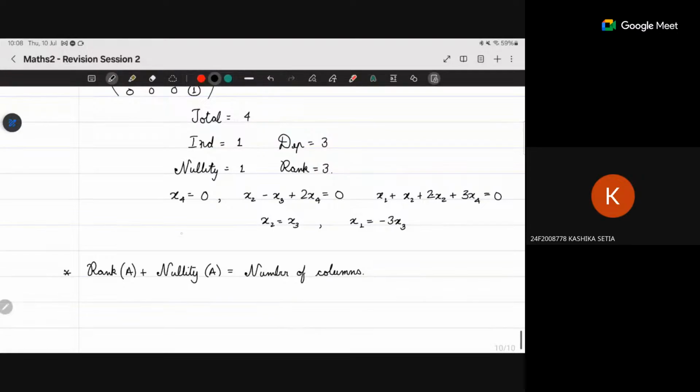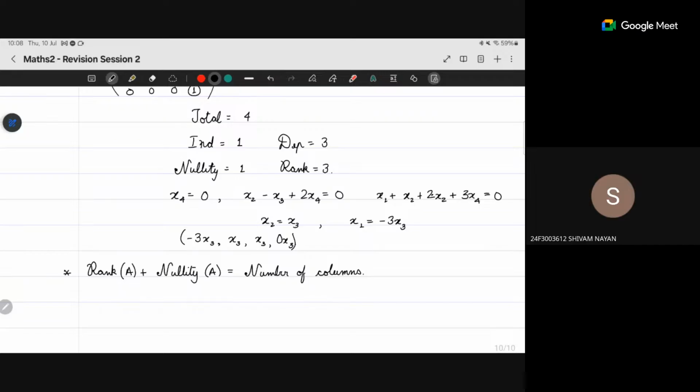So what would a typical element of the null space look like? It would look like minus 3x3, x3, x3, 0. If you really want to be pedantic, you can call it 0x3.